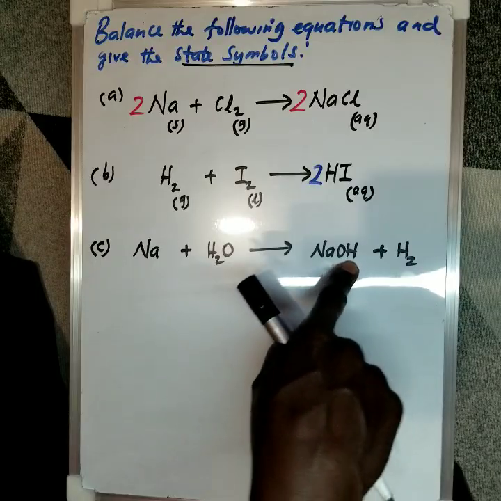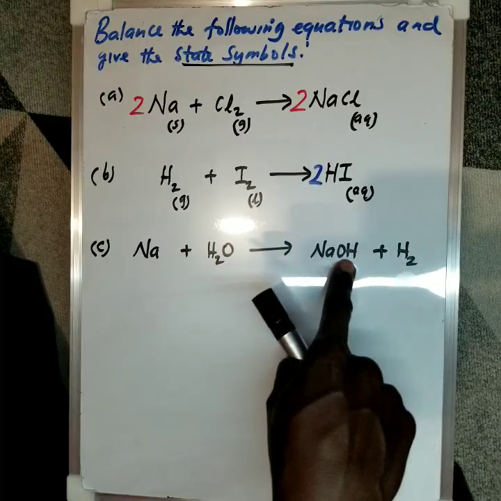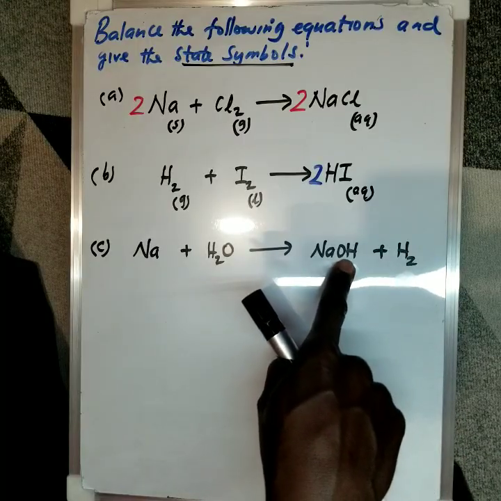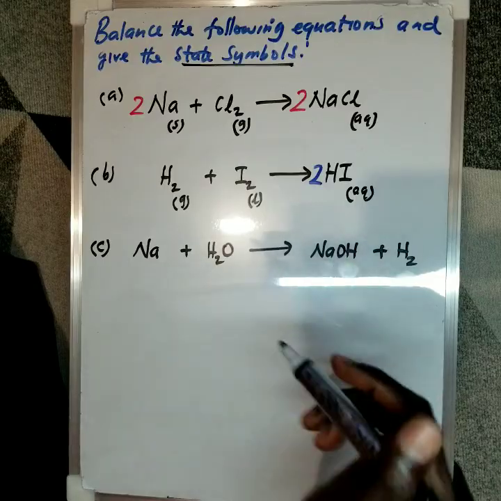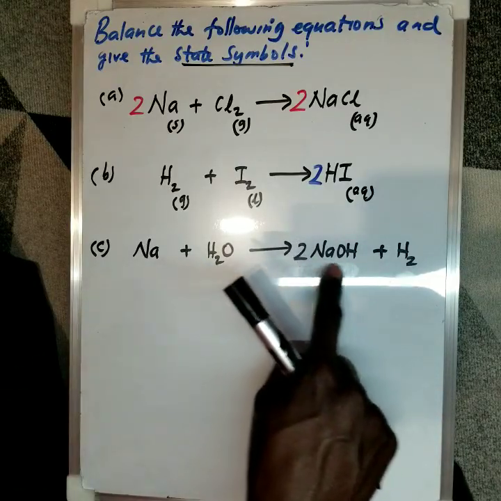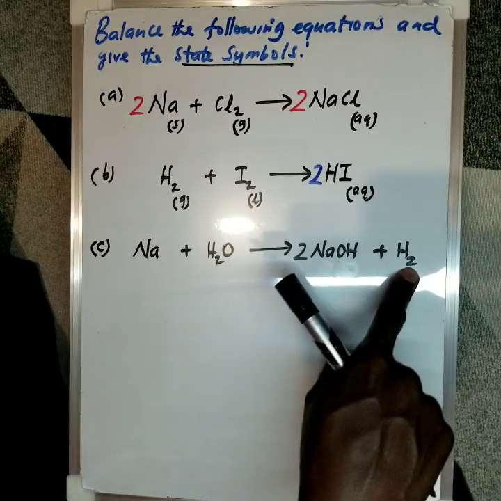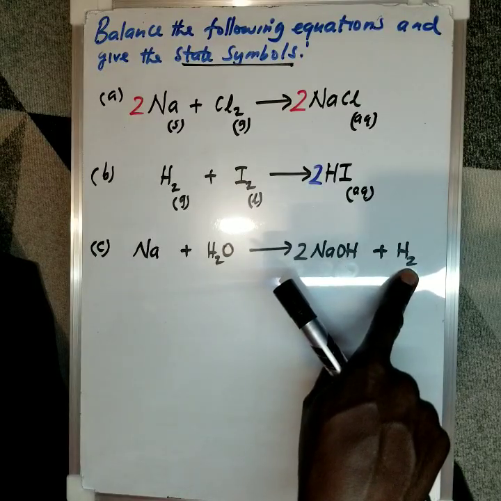If you notice there, you have got 2 plus this 1, so that makes actually 3 in this case. So what can we do? We can try to put up a 2 there, and when I put up a 2 there, it simply means that hydrogen will simply become 4 there. So that's what it simply means.